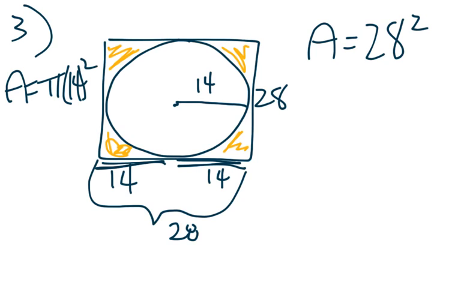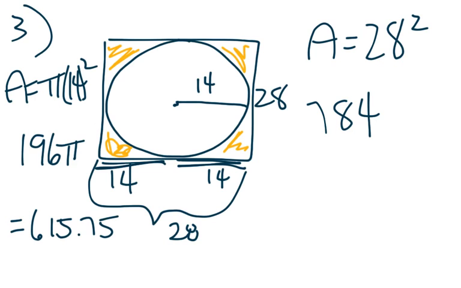Okay, so 28 squared is 28 times 28, and that is 784. Okay, and pi 14 squared is 196 pi, and pi is 3.14. So we are going to multiply 196 times 3.14, and that is 615.75.